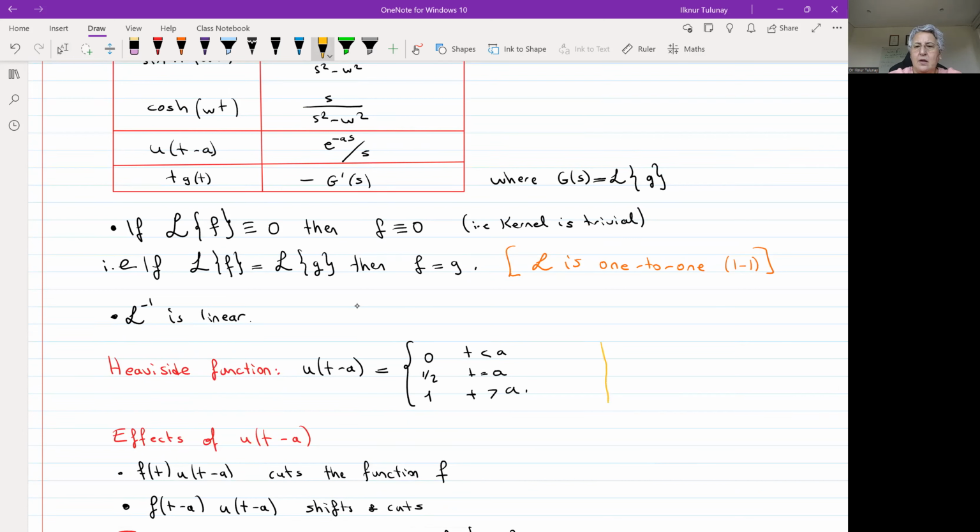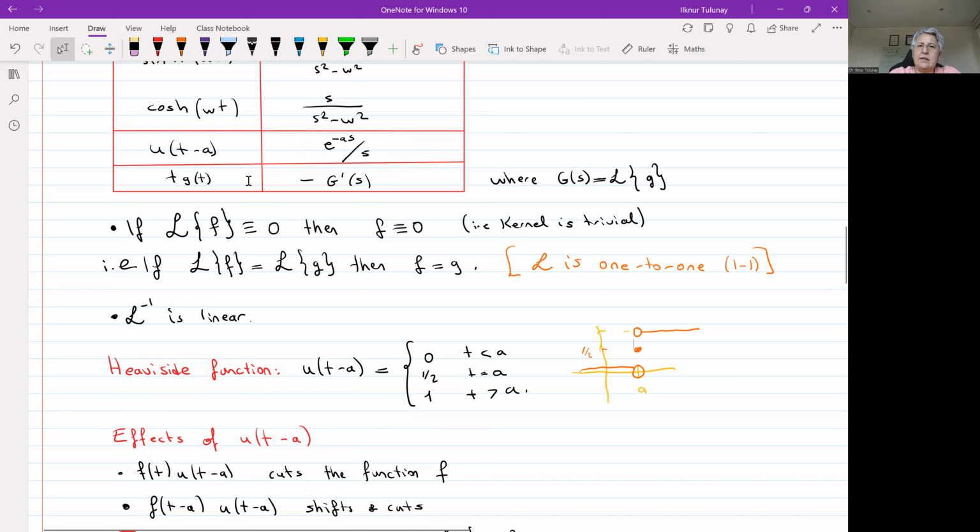So what it means: if you have an a here, before a you have 0, and this point is not included. Then you have 1 over 2 at a, and then you have 1, which is again empty at that point, but continues after that. So this is the function u(t minus a), and its Laplace transform is exponential minus as over s.